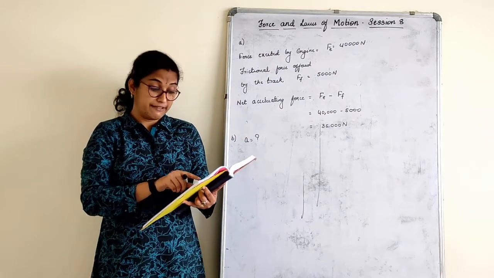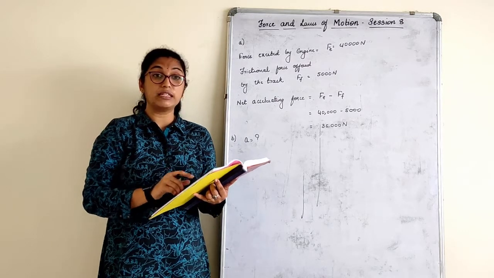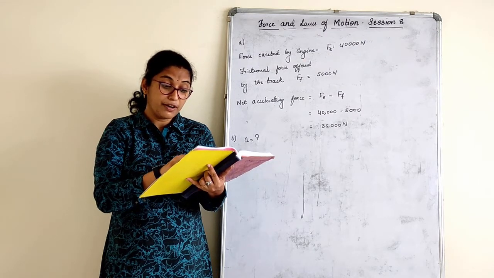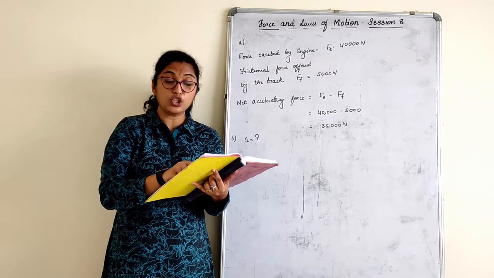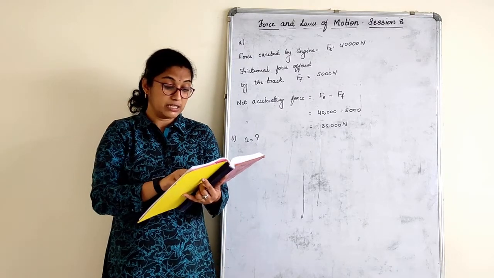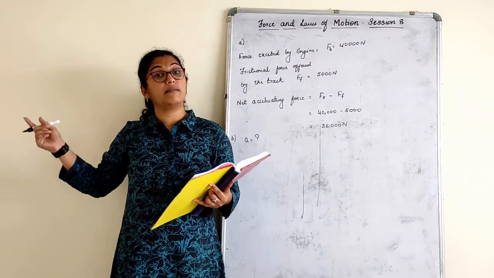Mass of the wagon, have they given? Yes. So it is an 8,000 kg engine that pulls a train of 5 wagons, each of 2,000 kg.